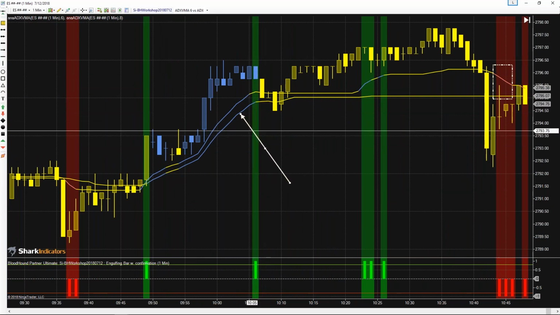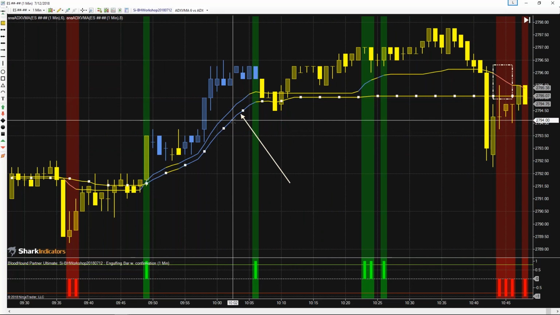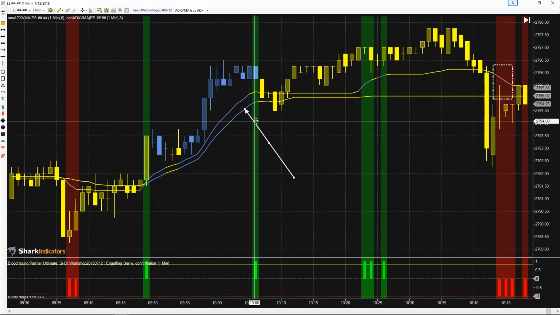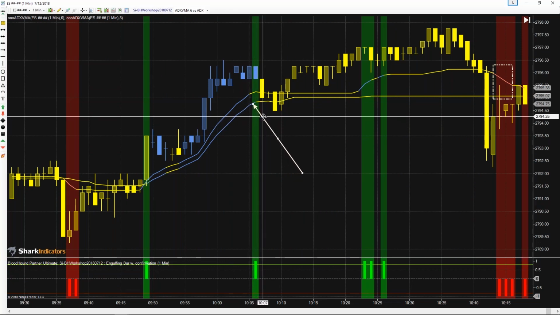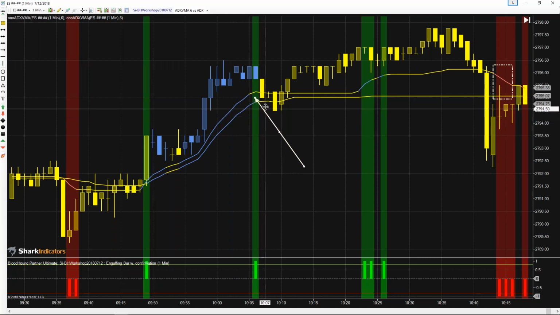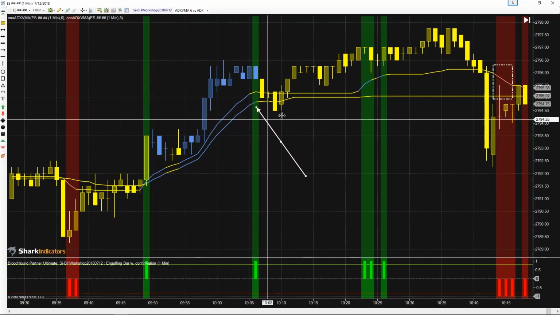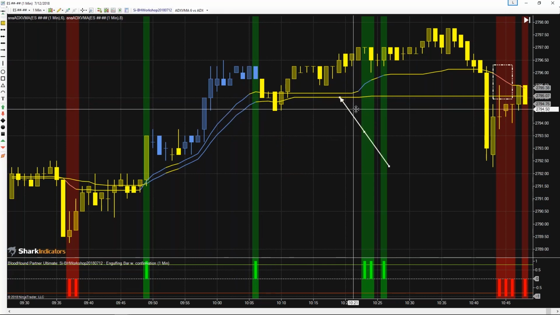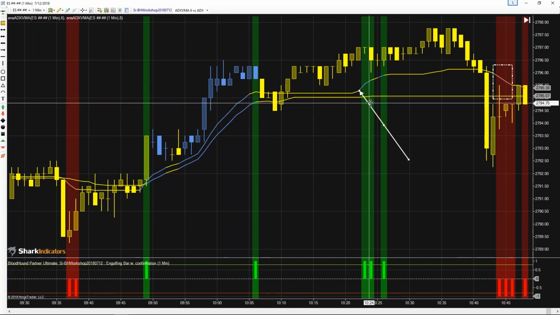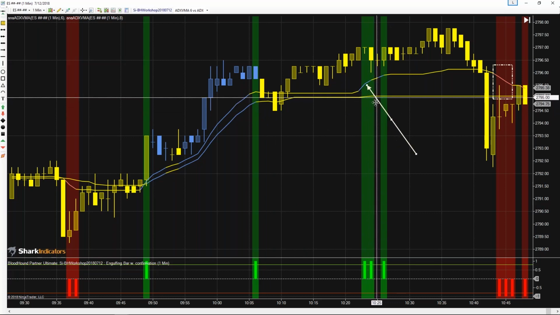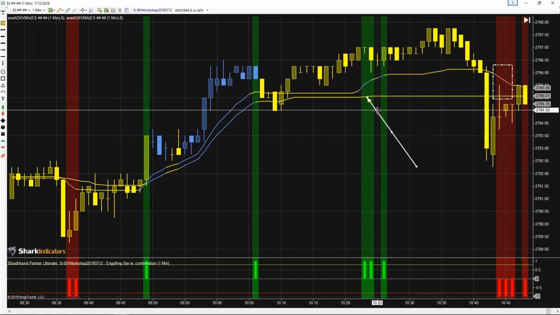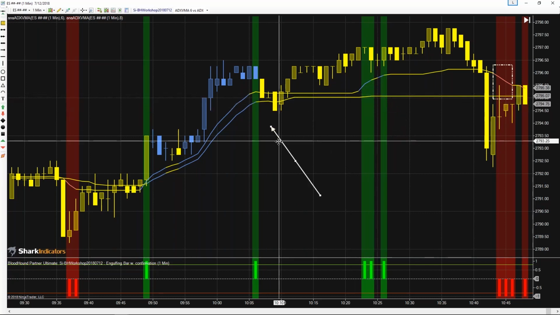If the 8 period is still in a long trend, but the other one is neutral, then we'll still get a long output. If the 6 period is in a long trend, but the slower one is neutral, we'll get a long output.